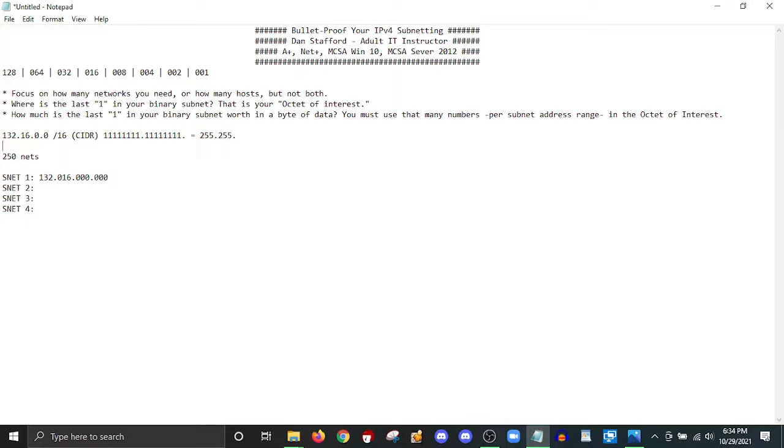I want 250 networks, right? So I have one network to begin with. Add a 1: 2 networks, 4 networks, 8, 16, 32, 64, 128, 256 networks. Oh, 256, that met my 250 requirement. And there we go. I just filled that octet up, right? And my last octet is going to be all zeros.